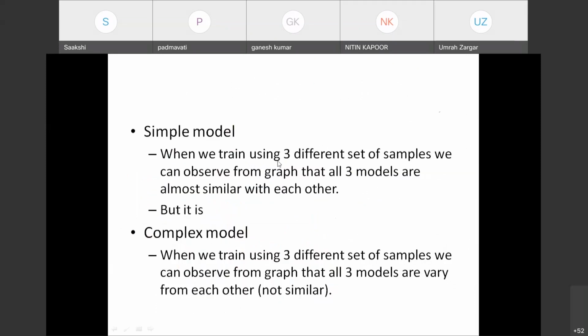In the simple model, the individual values or graph lines that we are getting from the three different trained models, trained on three different data sets, are similar to each other. That means they are very close to each other.